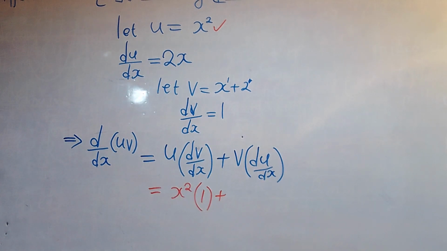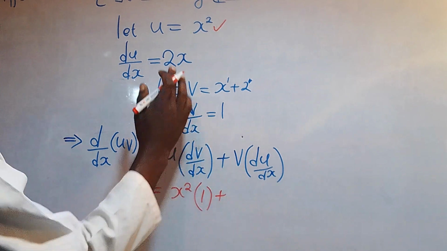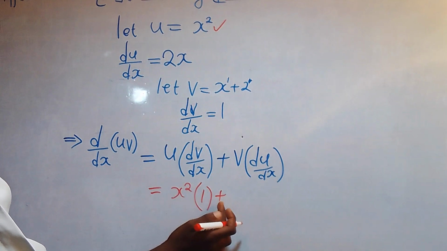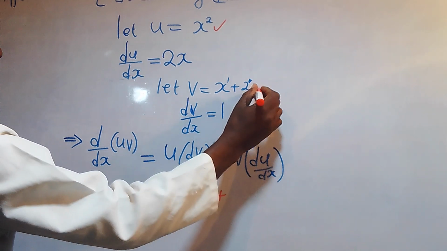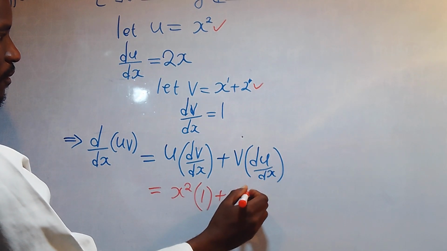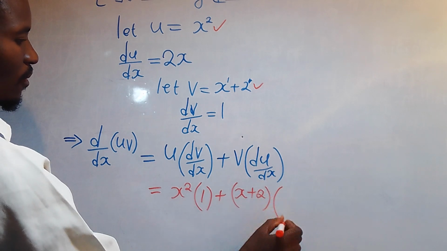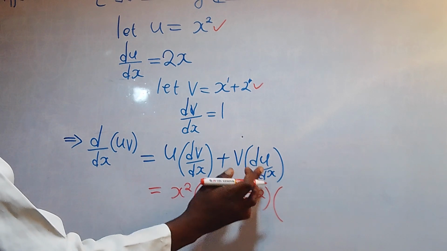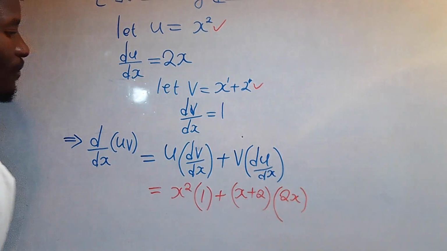Plus now v, and what is our v? It is x plus 2, open bracket, multiplied by the derivative of u, which is just 2x.